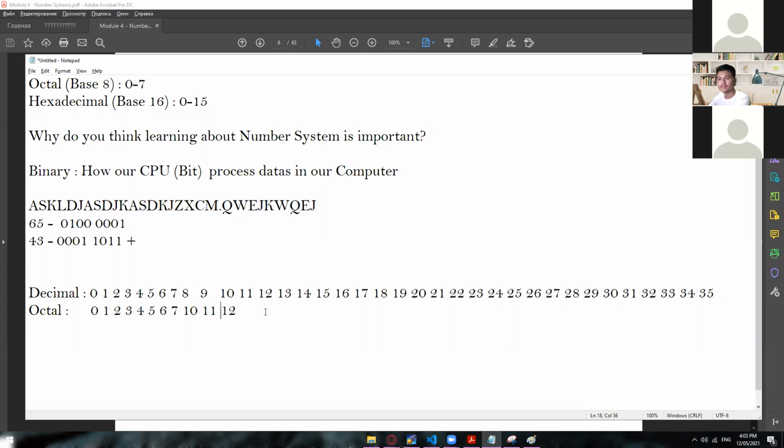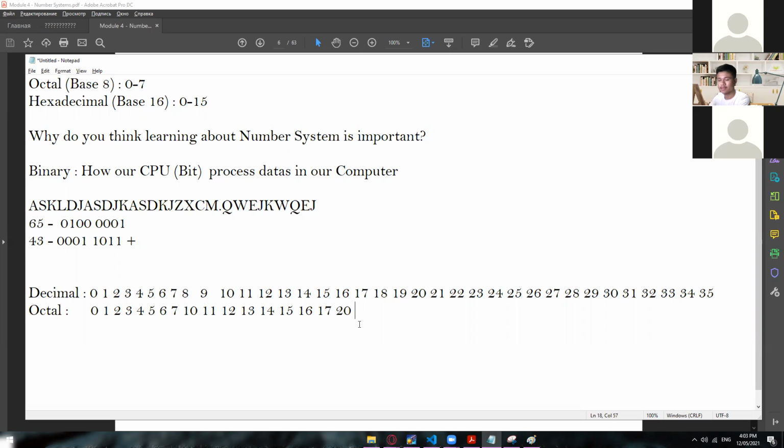After that, just keep on proceeding, skipping 8 and 9: 12, 13, 14, 15, 16, and then 17. And again, we don't have 18 and 19. After that, we'll have 20.